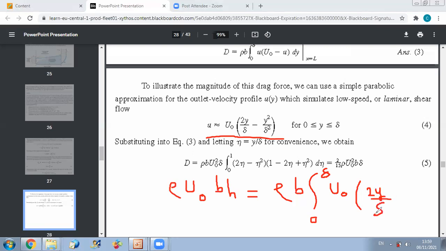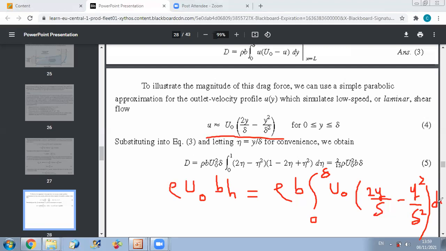Here they did a change of variable. So they considered that y over delta is our variable. You can do this, it's just a mathematical tool, but at the end you will get exactly the same result. This will simplify your formulation a little bit, because as you can see, the term y over delta is repeating here and here. So here you have y over delta, here you have y over delta square.